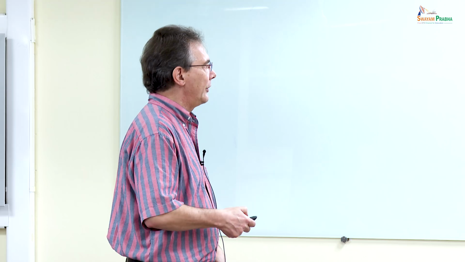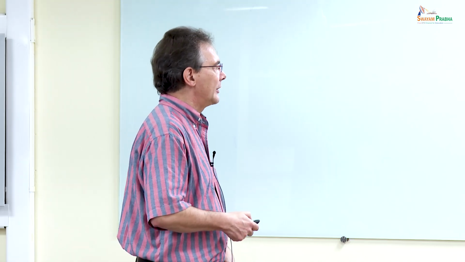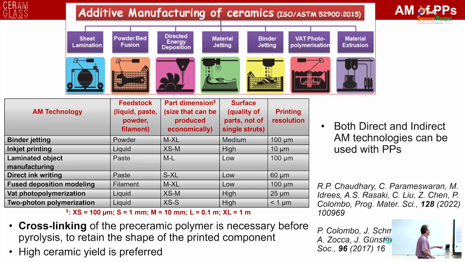Okay, we already discussed what preceramic polymers are. These are the different technologies that have been used together with preceramic polymers. You can see the type of feedstock that is required for making parts, the size that can be produced economically for the part, the surface quality that you achieve, and the printing resolution.